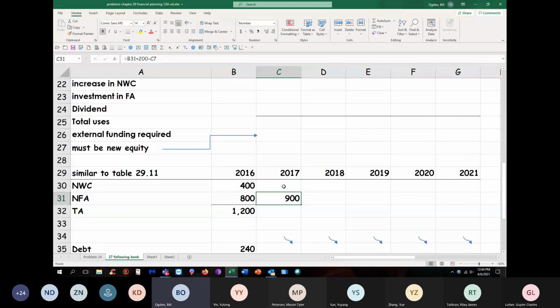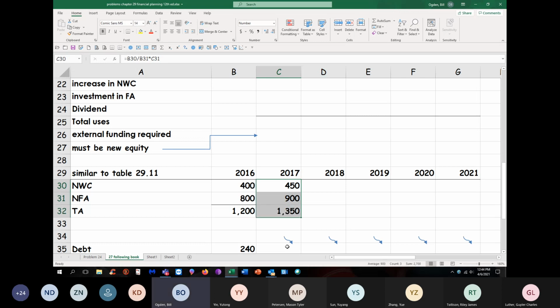Okay, then we'll follow the story. The story says that working capital remains a constant proportion of net fixed assets. So we're going to say equals this one divided by this one. So this ratio stays the same times the current year's net fixed. No problem. So add these together. All right.